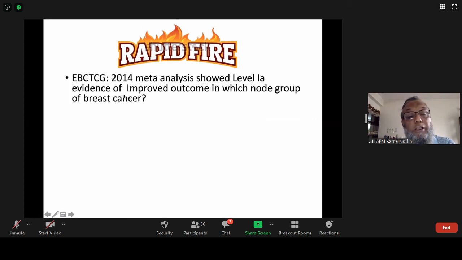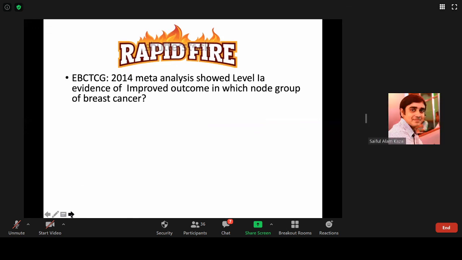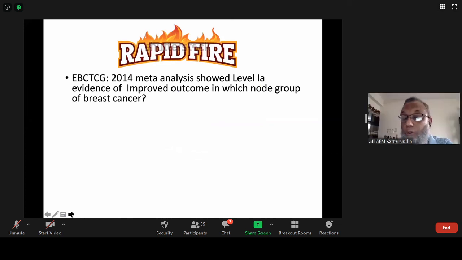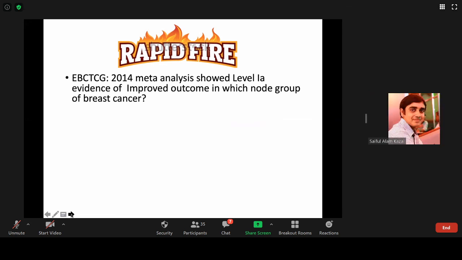Okay. So this meta-analysis in 2014 has shown level 1 evidence of improved outcome by adjuvant nodal radiation in which node group of breast cancer? Which group? Sir, post-mastectomy level 1 and 2.